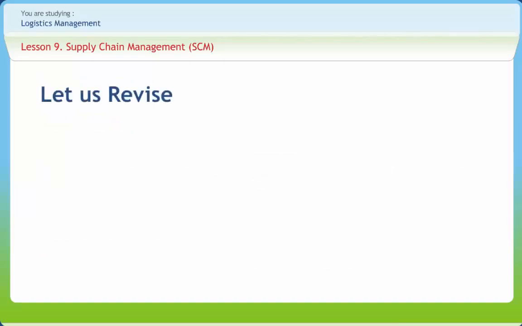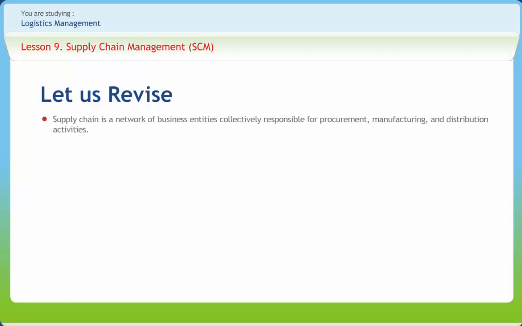Now before we finish, let us give the entire lesson a brief revision. A supply chain is a network of autonomous or semi-autonomous business entities collectively responsible for procurement, manufacturing, and distribution activities associated with one or more families of related products.